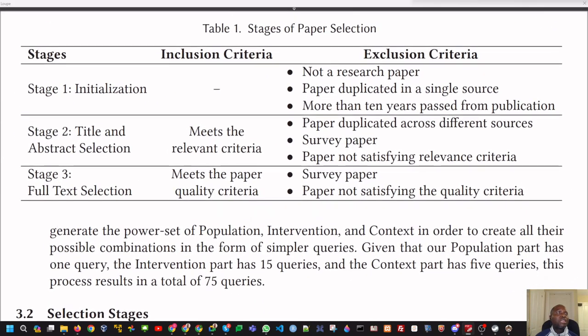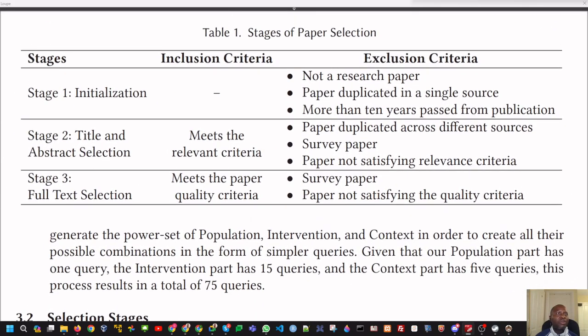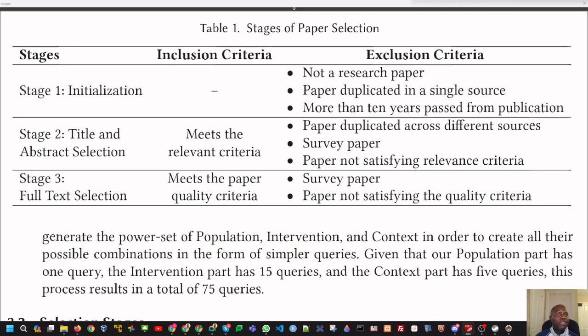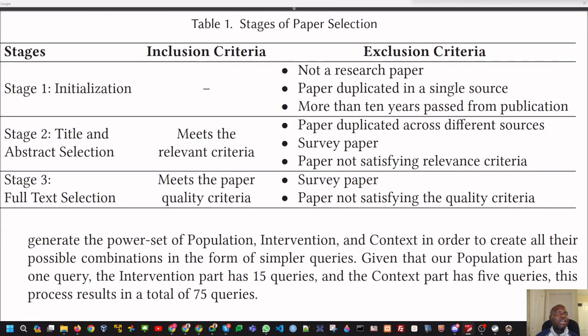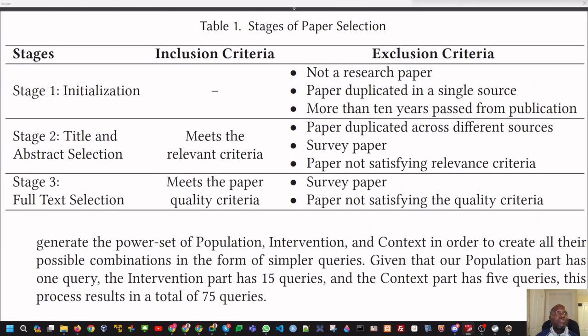The inclusion and exclusion criteria are laid out here. In fact, whenever you are doing a literature search and selection, once you have a large database of papers that you have found, you need to clearly define why you include papers or exclude papers.